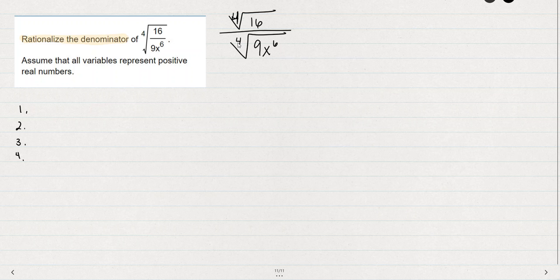So what we need to do is look at this 9x to the 6th fourth rooted and think, what could I multiply that times so that I have 4 of each factor, and therefore it would be removed from that radical.